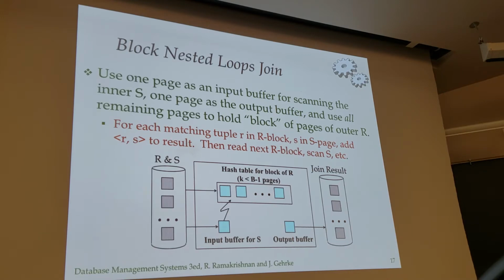If we have B buffers inside memory, we're going to use one of those B buffers for a block of S. We're going to use one of these blocks for an output buffer, which leaves us a maximum of B minus 2 blocks, which we're going to use for a hash table.